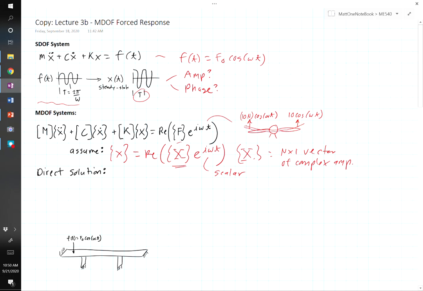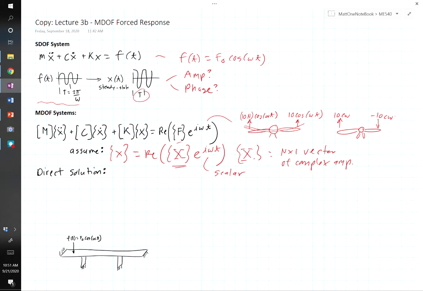This is actually frequently done in ground vibration test of airplanes. The other thing that you might do is apply the two out of phase, so you could excite a different mode. Here we had 10 and 10, here we might have 10 and minus 10 cosine omega t. So those are two examples.